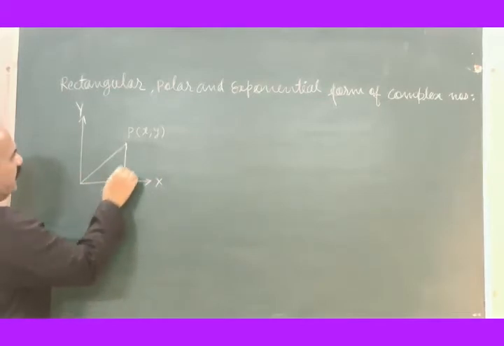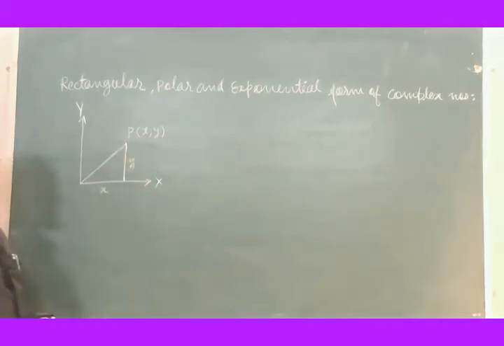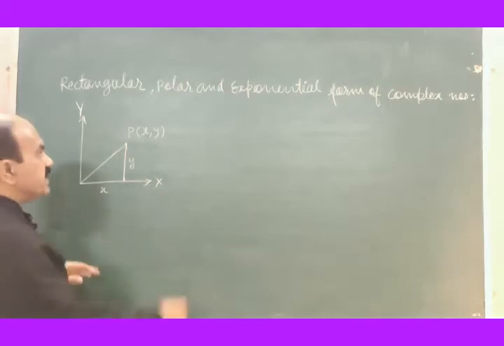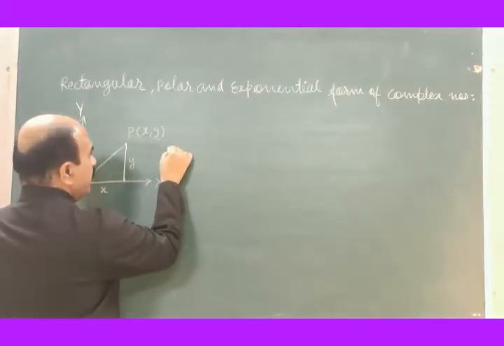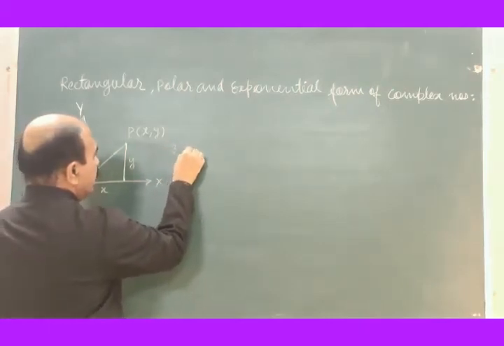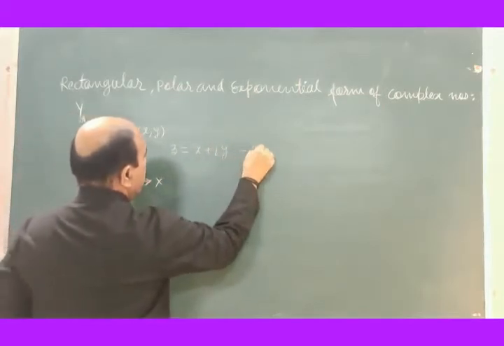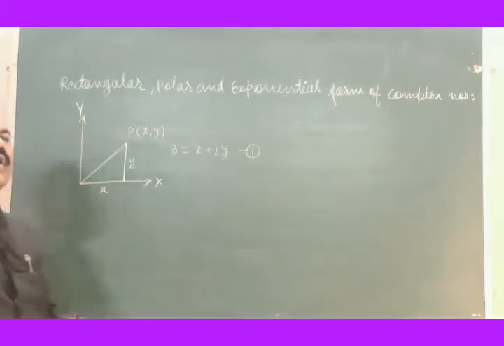This will be the x coordinate, this will be the y coordinate. Then the point P is represented by the complex number z given by x plus iy, equation number 1.